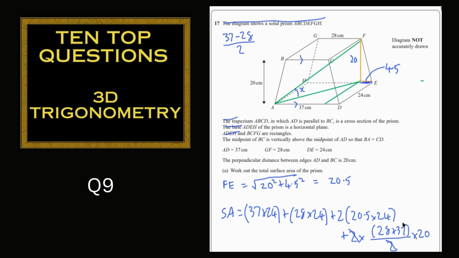So 4.5 smaller means let's scribble that out because it's 32.5. Good news is that distance is ready-made. It's 24. That will give us the baseline of the triangle.